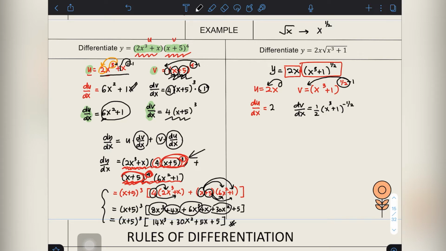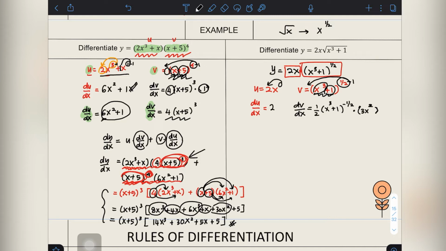Don't forget, whenever you are differentiating a composite function, you have step number 3, where you need to multiply the whole thing with the derivative of whatever you have inside the bracket. So differentiate x^3, what will you have? You will get 3x^2. And differentiate positive 1, you will get 0. So you have 3x^2 here. Alright, so this one is your dv/dx.